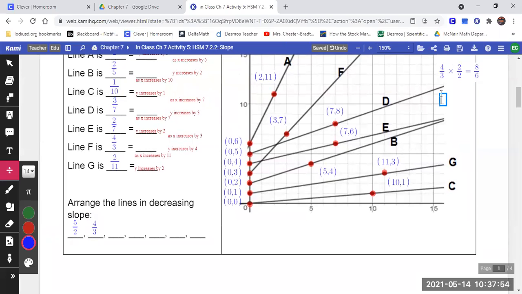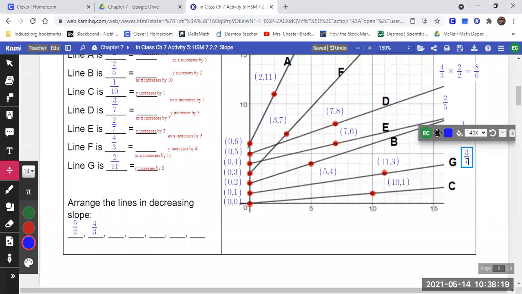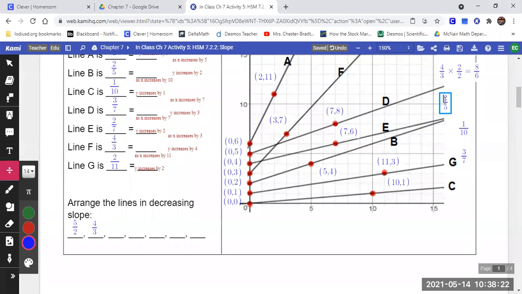So we have our fractions 2 over 5, 1 over 10, 3 over 7. Let me shift these a little bit. We have 2 over 7, and we have 2 over 11, right?